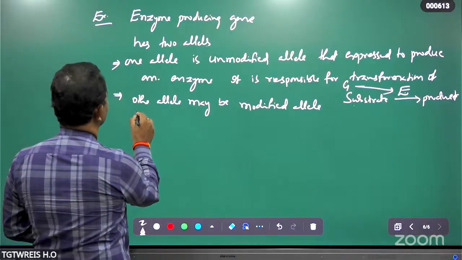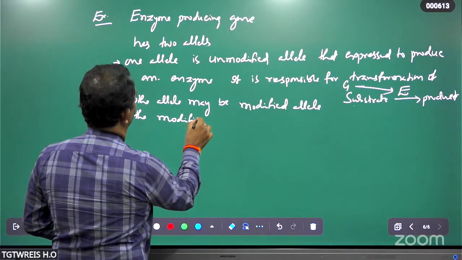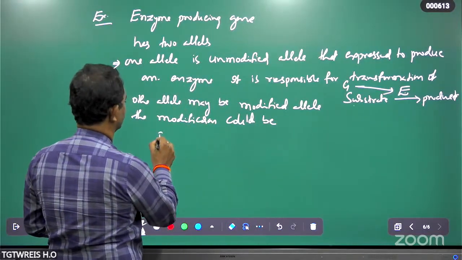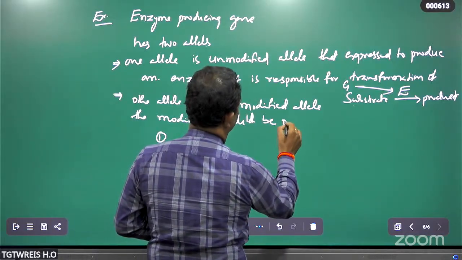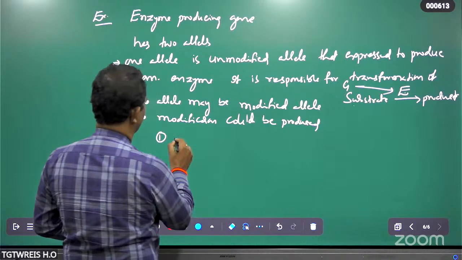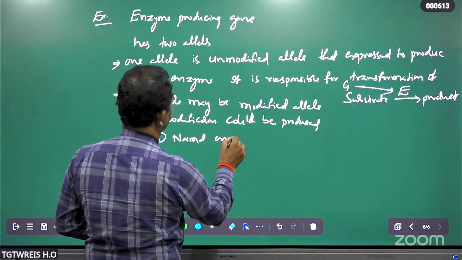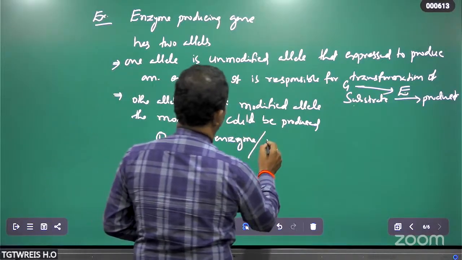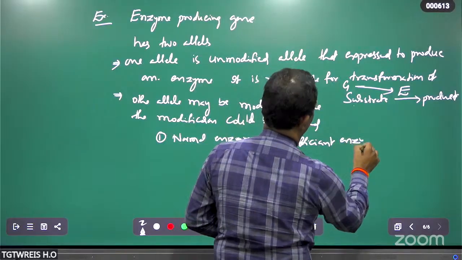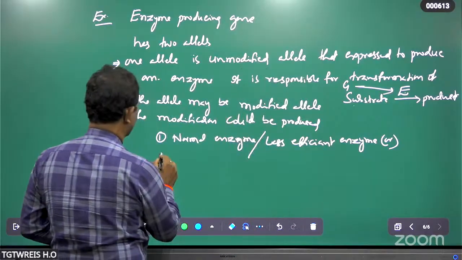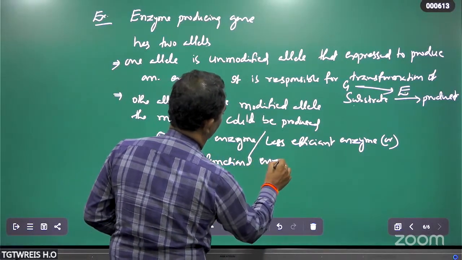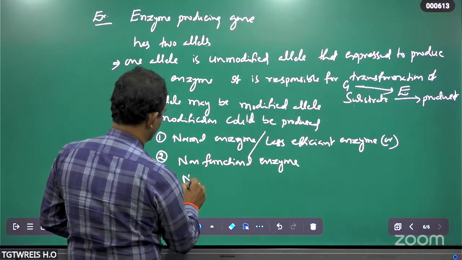The modification could be produced: one, normal enzyme; less efficient enzyme; or non-functional enzyme; no enzyme.